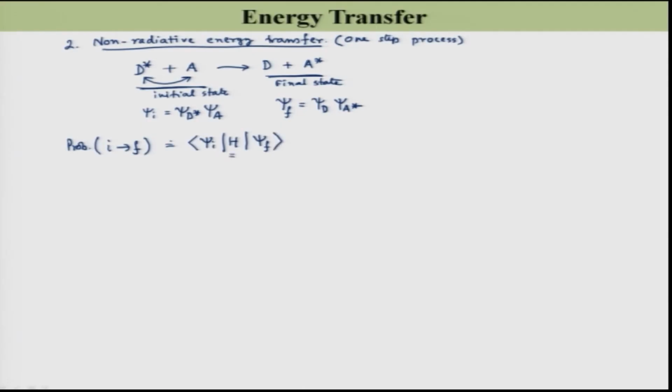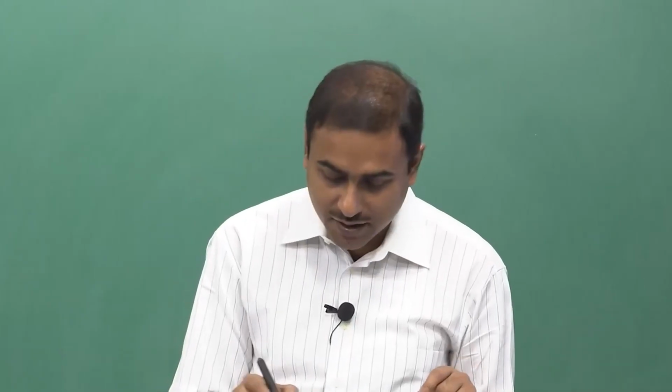As I said, they are dipoles, and nothing stops us from treating this as a Coulombic type of interaction. So, if I take this H as a Coulombic type of interaction, let me write that.